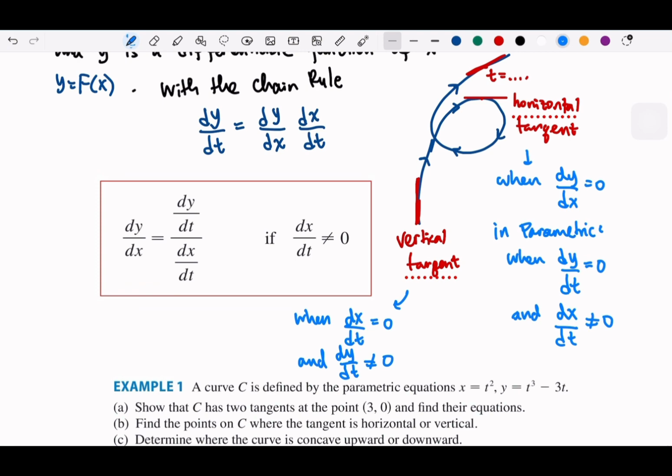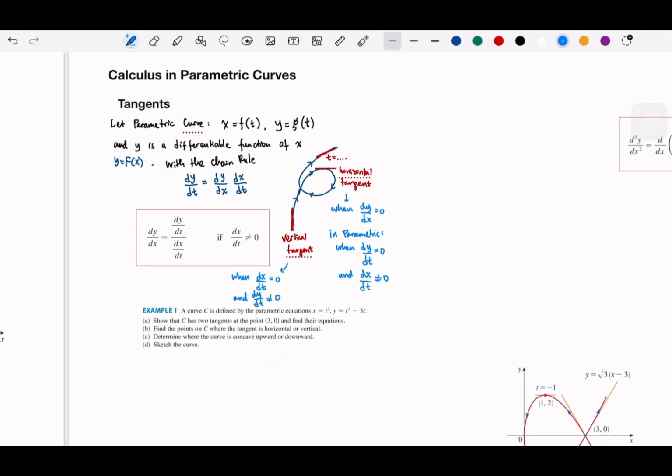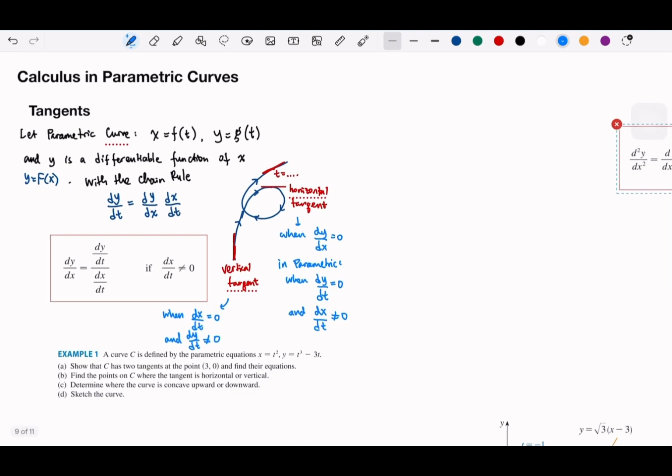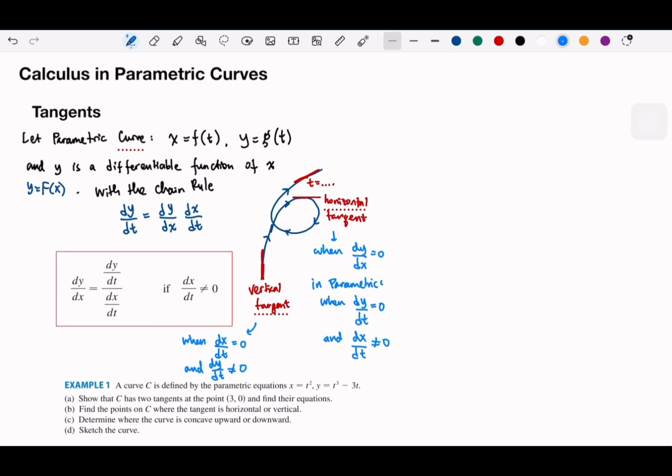There's an example here, but I would like to explain another thing first before we solve the example. Okay, let me zoom out and go through. Now this is the first derivative.